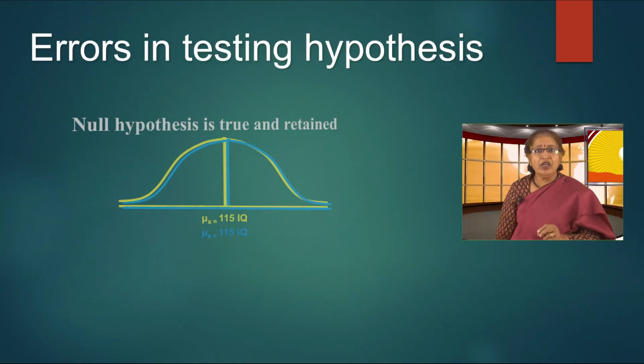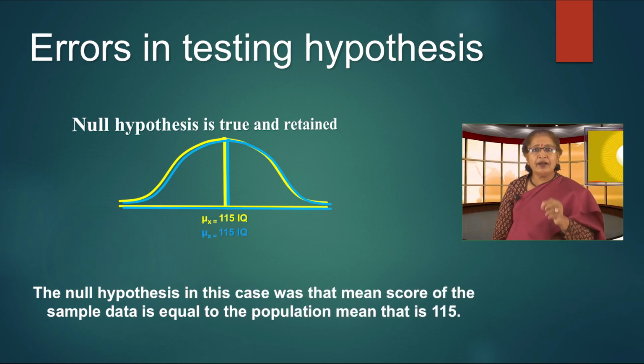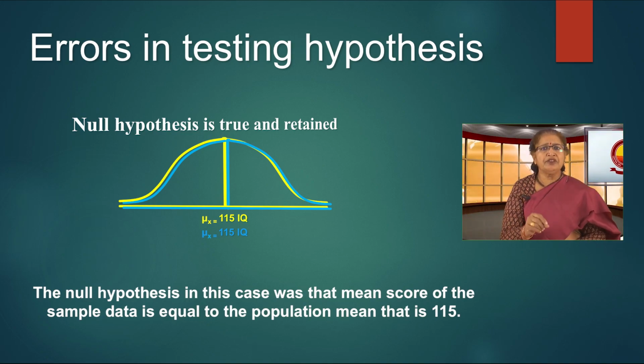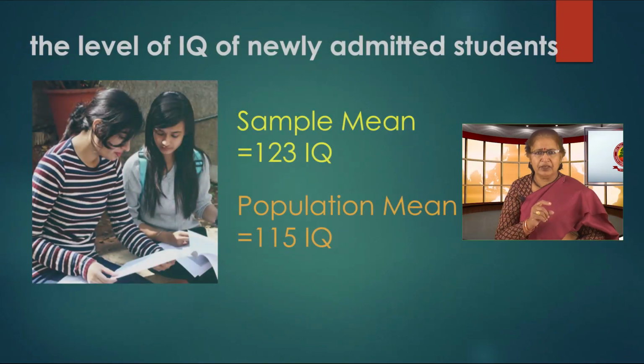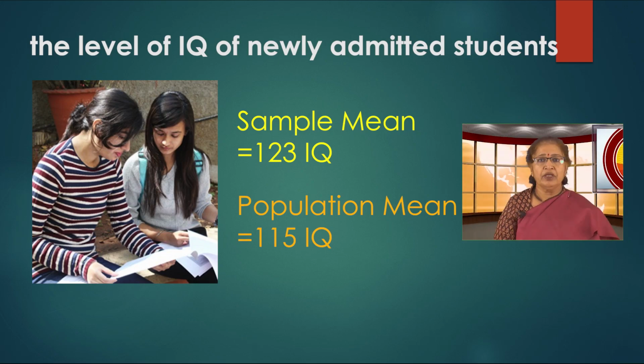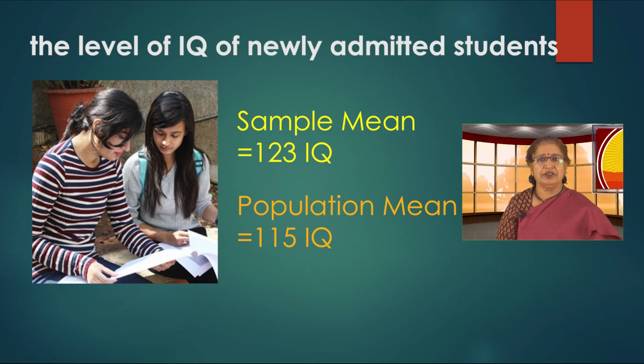The null hypothesis in this case was that the mean score of the sample data is equal to the population mean, that is 115. But in this case, the obtained mean value is 123, which leads us to reject the null hypothesis.